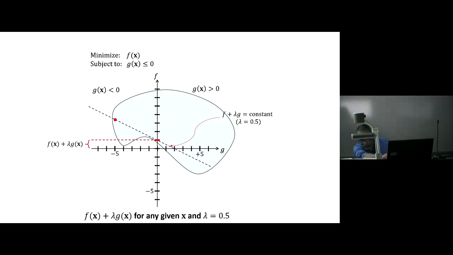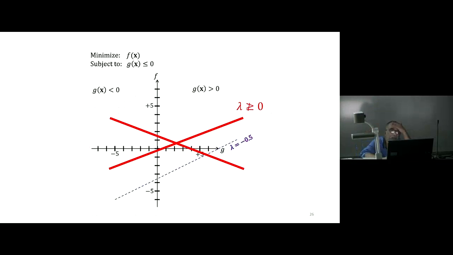No questions? Okay. Now, this is an absolute no-no, because look at this straight line here. It has a positive slope of 0.5. So that means lambda equals -0.5. We cannot have negative lambdas. So we will not consider cases like this. Lambda must be greater than or equal to 0.